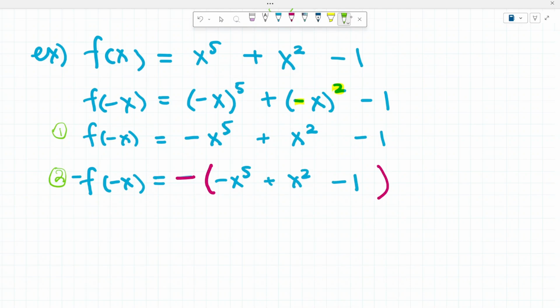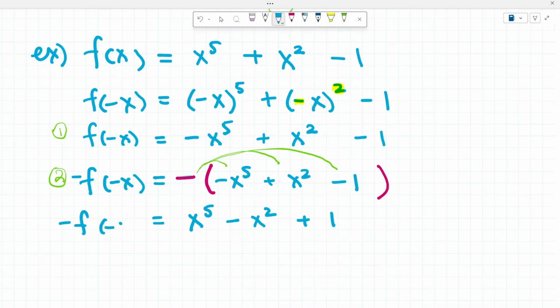Now to do this, we have to distribute the negative to each term within our brackets. So we have negative times negative x to the power of 5. The two negatives cancel out, and we've got x to the 5. Then we have negative x squared. Then we've got negative 1. The two negatives again cancel out, and we end up with plus 1. Okay, so that is our negative f of negative x.